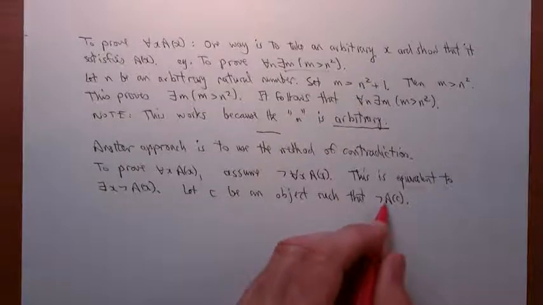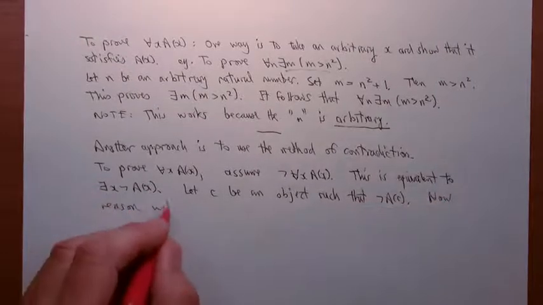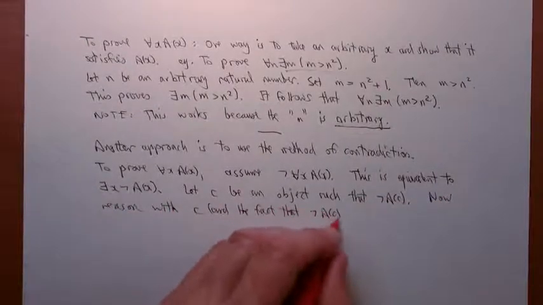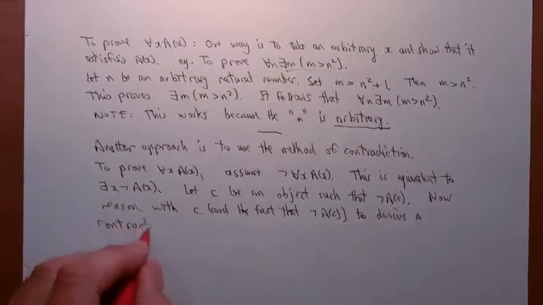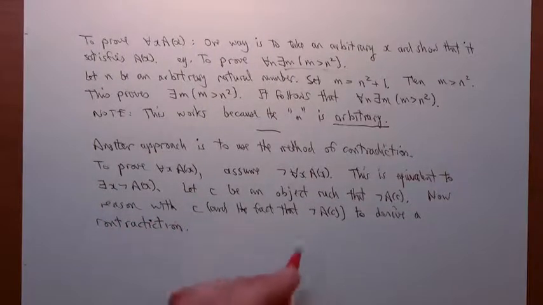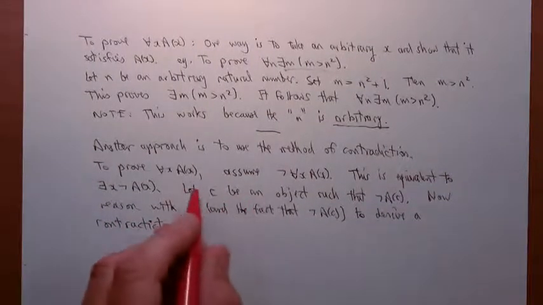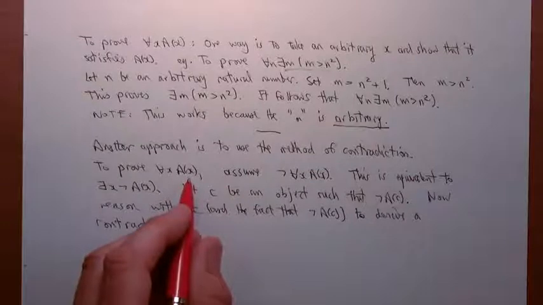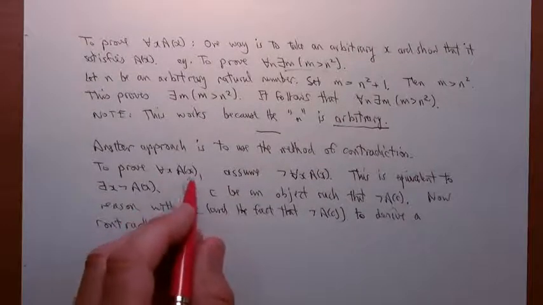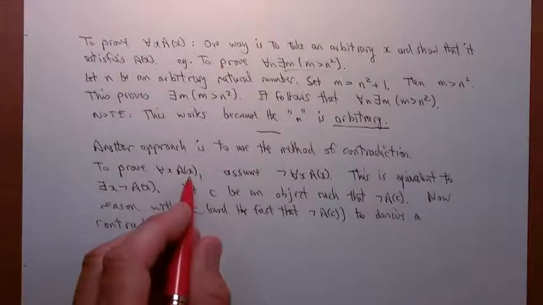Now we've got a starting point to carry out a proof to derive a contradiction. Now reason with c, together with the fact that not A of c, to derive a contradiction. Now the exact reasoning you use will depend upon what the statement A says. But the general pattern is this. You want to prove for all x A of x, and you're going to use contradiction.